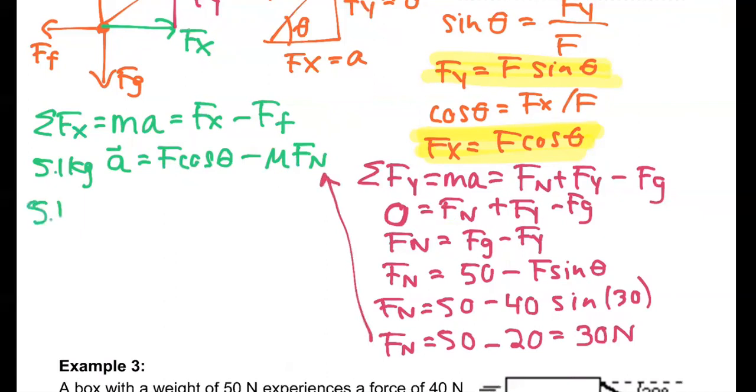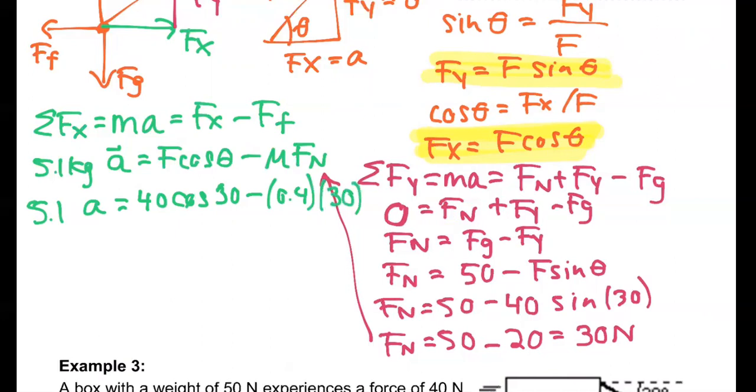So 5.1 times a, I'm going to leave my units off, equals, and we're going to plug in what we know for our applied force, 40 cosine 30 minus 0.4 times 30, my normal force. So I'm going to plug this into the calculator.